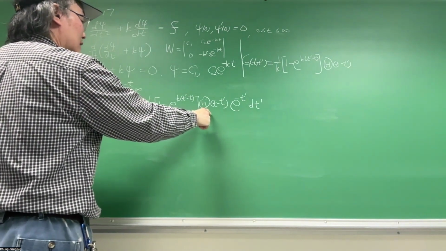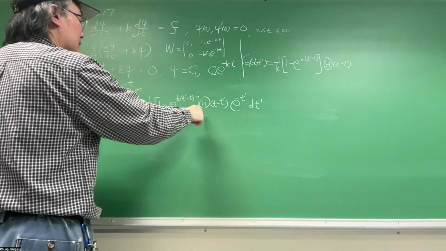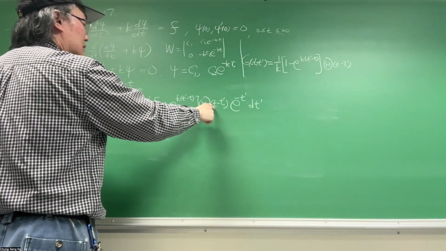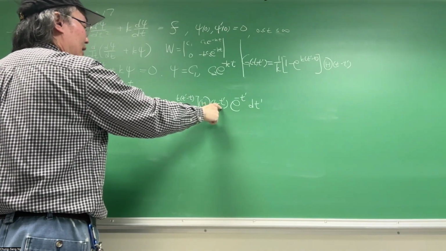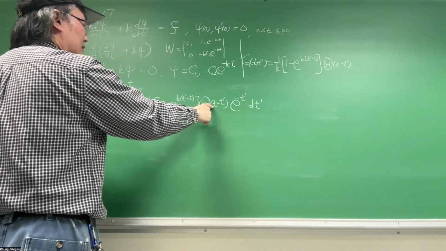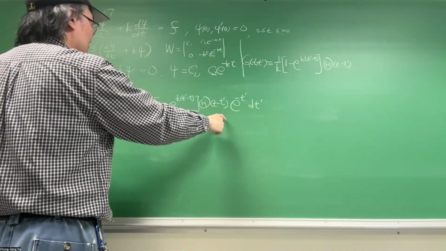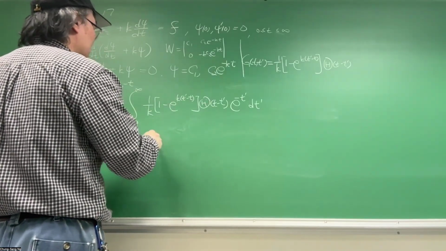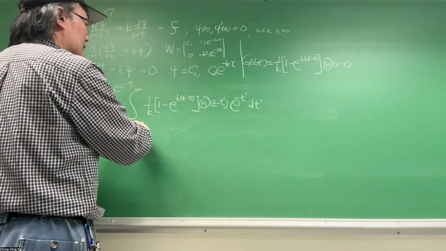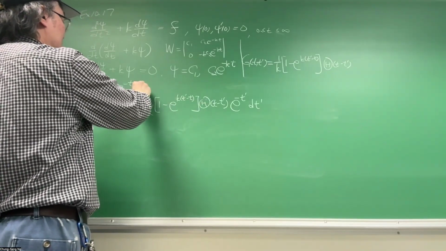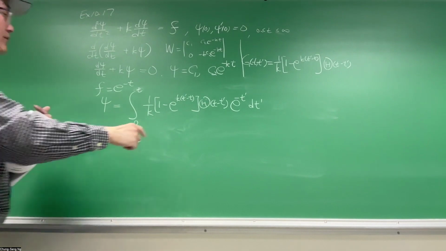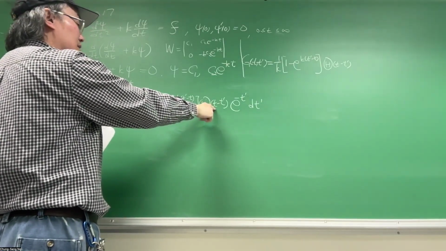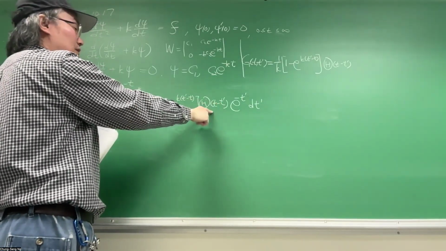And what we can do is this: this is 1 with t greater than t prime. If t prime is greater than t, then it will be 0. It means that you only integrate from 0 to t, right? You can get rid of that, because for t prime from 0 to t, this is 1. If t prime is greater than t, this will be 0.